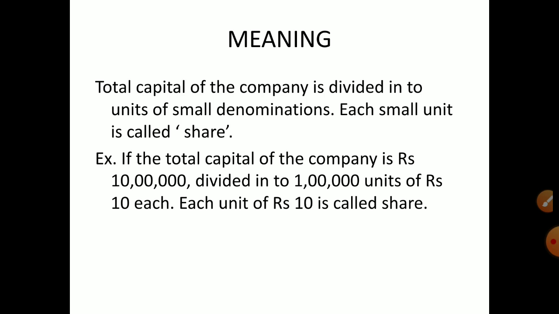Okay. So we know that there are different forms of business organizations: sole proprietorship, partnership, companies. Companies are known as what? Joint stock companies. All these are different forms of organization formed for doing different types of business, and all forms have their own merits and demerits. Sole proprietorship and partnership we studied, and we know the merits and demerits. When we hear about a company, a company is a large form of business.